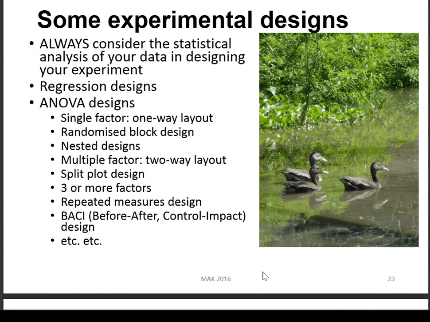All right, so ANOVAs require that all of your sample units be independent, and that the distribution of the abiotic data and the biotic data is normal.